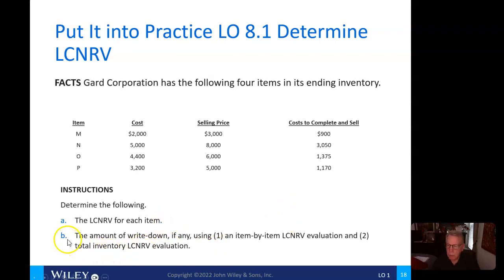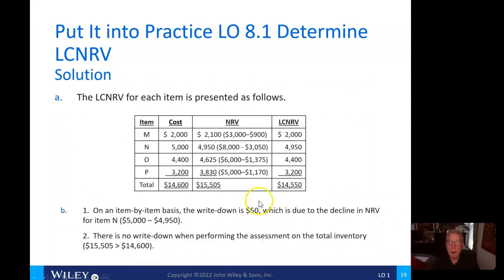And under B, the amount of write-down, if any, using 1, an item by item lower of cost or net realizable value evaluation, and 2, a total inventory lower of cost or net realizable value evaluation.